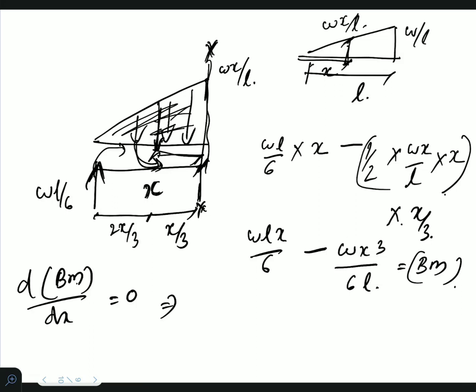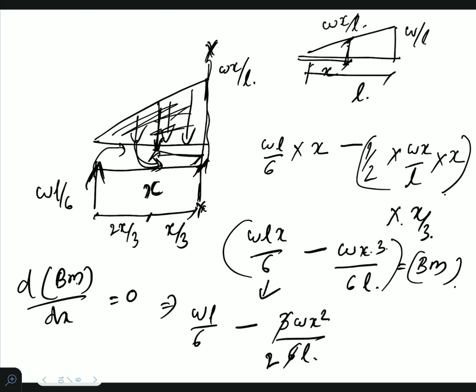So we will have, differentiating this value, WL by 6 minus x cube means 3x square, 3Wx square by 6L, that is equal to 0.